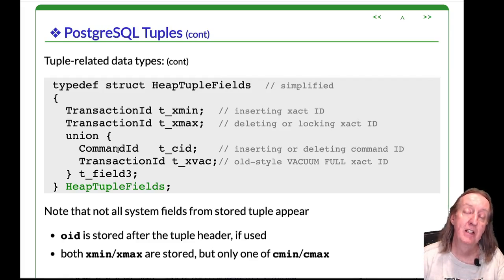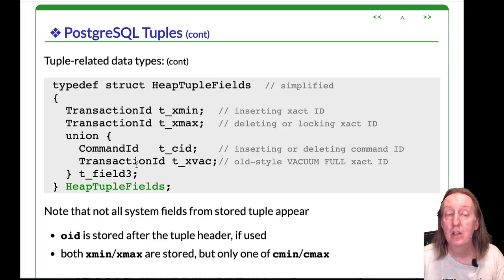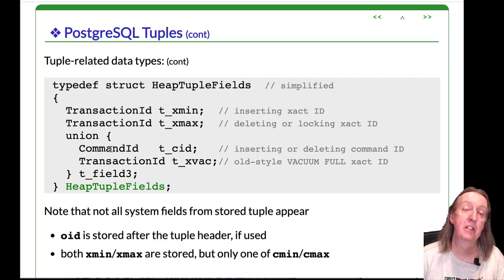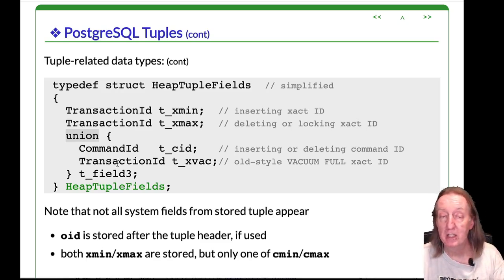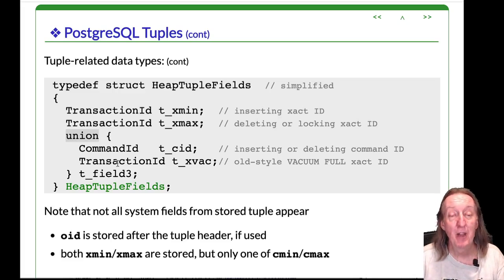It's either telling us which command was the one that did the insertion or deletion, or, and that's why we're using a C union, basically what that's saying is t_field3 could either be interpreted as a command ID or it could be interpreted as a transaction ID for, I guess, the vacuum transaction that eventually removed the tuple.